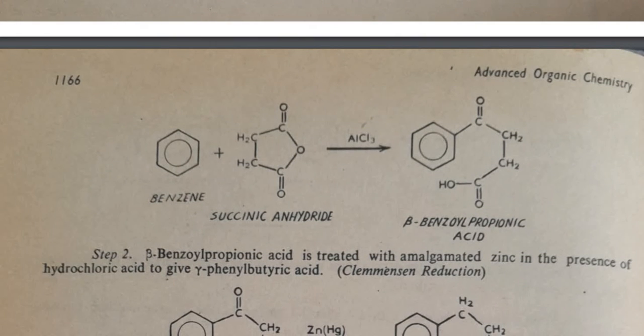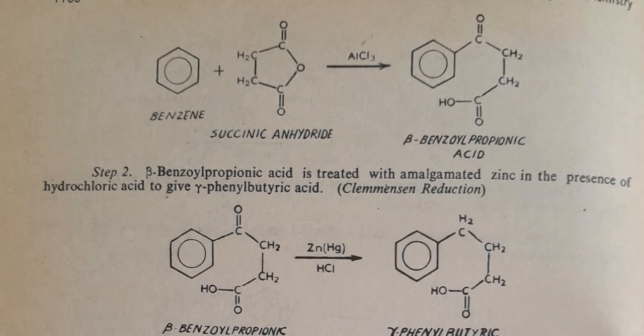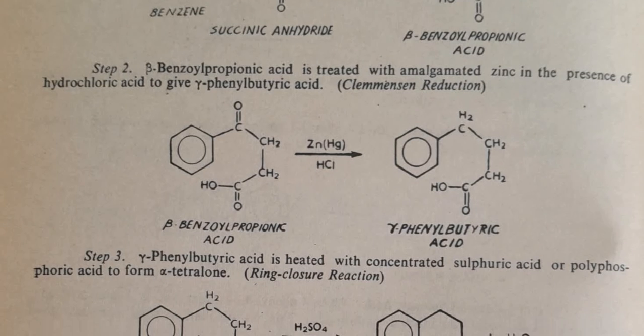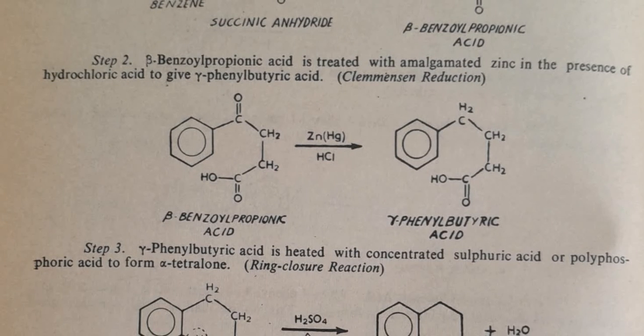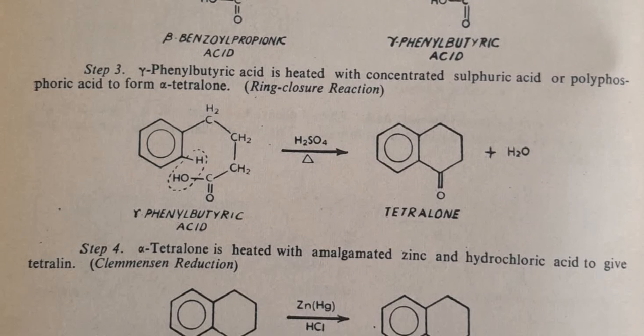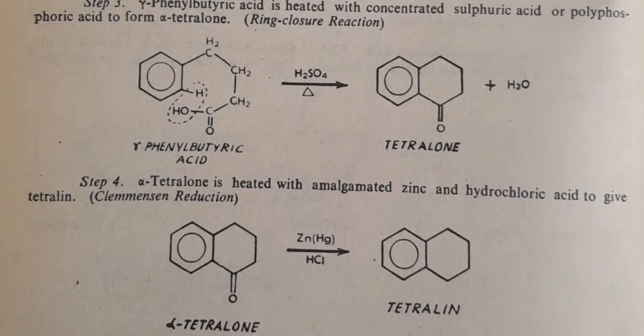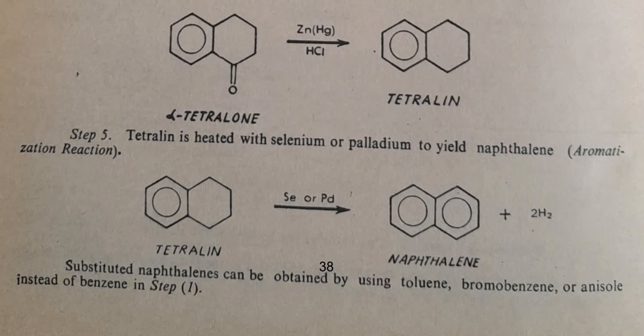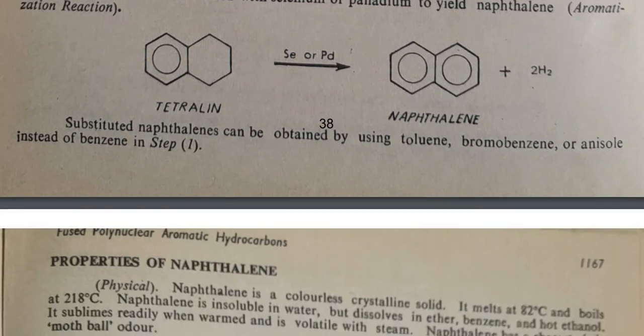From benzene and succinic anhydride, it gives beta-benzoylpropionic acid. In step 2, it is converted into gamma-phenylbutyric acid, and you get the tetralone, and finally tetralin. Then tetralin undergoes selenium dehydrogenation, and you get naphthalene.